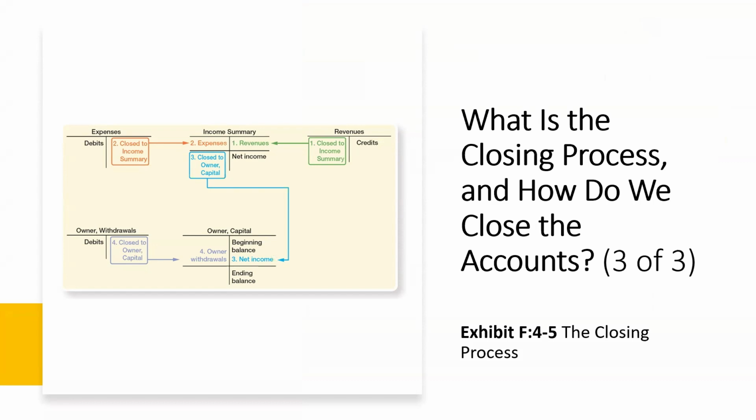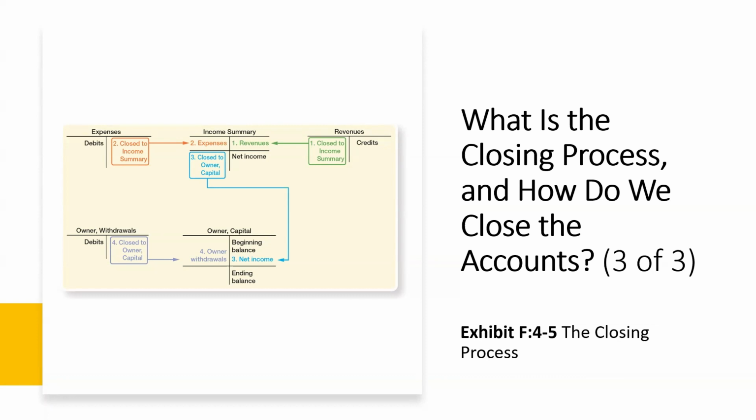So closing the revenue accounts involves debiting each revenue account for its existing balance, while a corresponding credit is made to the income summary account. Subsequently, each expense account is credited for the amount of its debit balance, with a matching debit recorded in the income summary account.